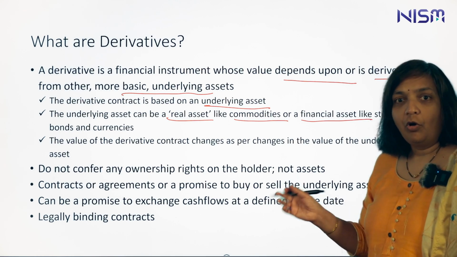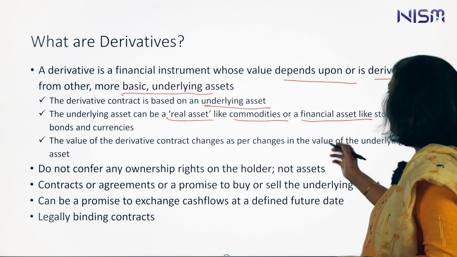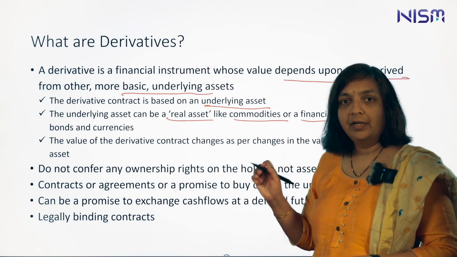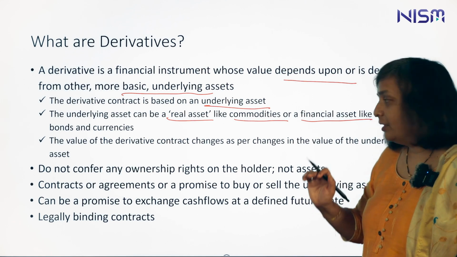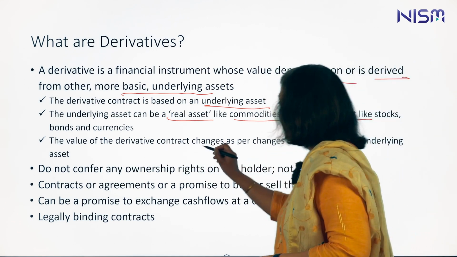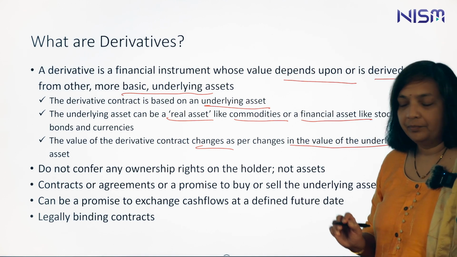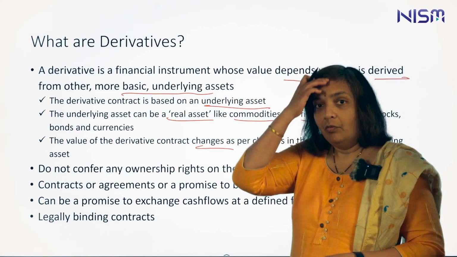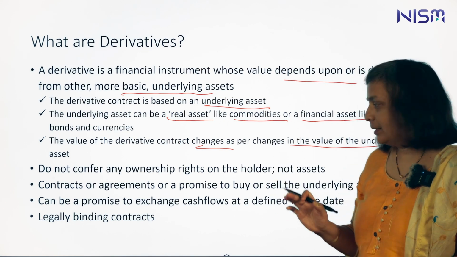Right now, we are all aware of financial assets like stocks, bonds, and currencies. So, derivatives can be based either on a real asset or on a financial asset. The important thing is that the value of the derivative contract changes as per changes in the value of the underlying asset.